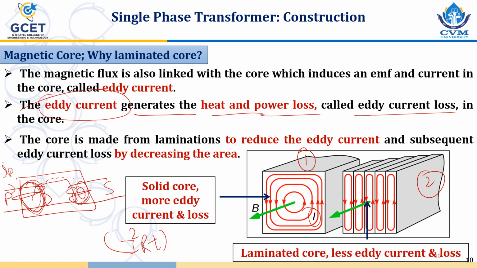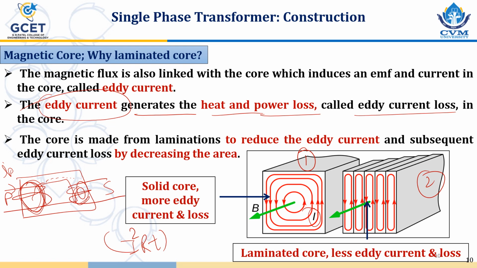Now if the core is laminated, that means the core is divided into very thin laminations and each lamination is insulated from each other. In this case you can observe each lamination has a very small area. As the area is small, its resistance is high, and due to increased resistance in each single lamination, a very small amount of eddy current is generated.